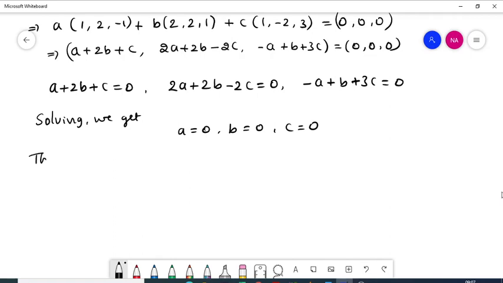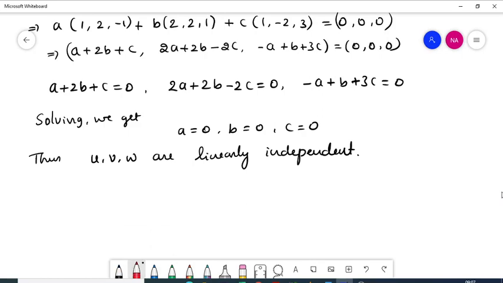Thus U, V, W are linearly independent. Similarly, you can solve these problems either in this way or you can use matrix form.